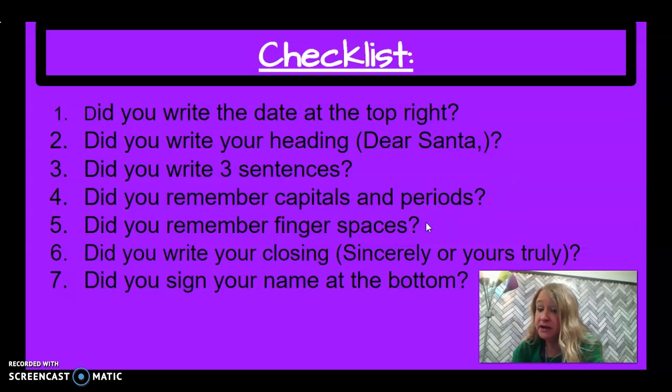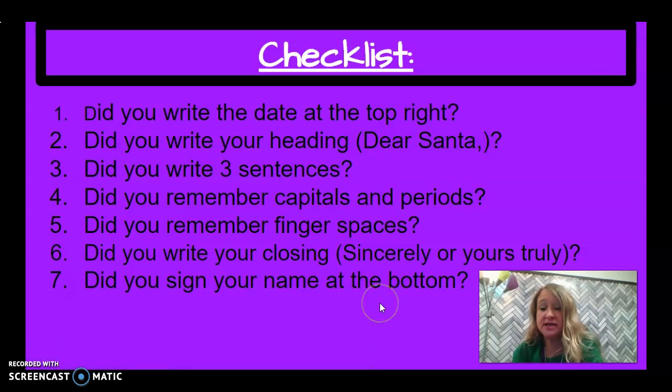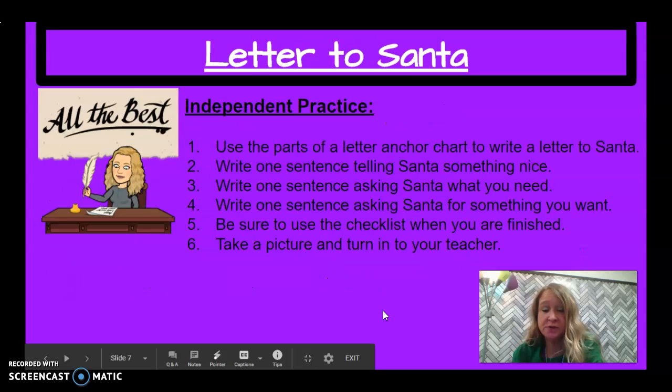Did you remember finger spaces? Did you write your closing? Did you say sincerely or yours truly at the end? And did you sign your name at the bottom? Okay, so all of these things in this checklist are things that you're going to need to have in your letter. When you are finished, you are going to take a picture and turn it in to your teacher.